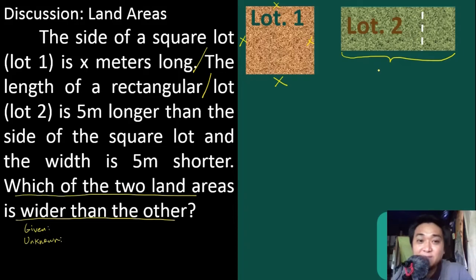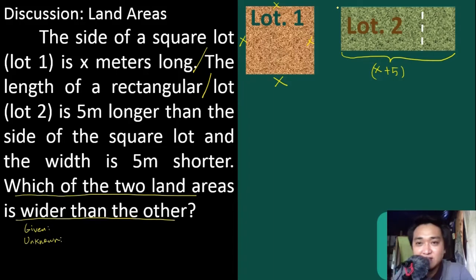Yung kanya daw haba, 5 meters na mas mahaba sa sukat ni lot 1. So, if we are going to express that algebraically, that will be x plus 5. Bakit x plus 5? Kasi 5 meters na mas mahaba kaysa dun sa sukat ni lot 1 ni square lot. So, that will be x plus 5.